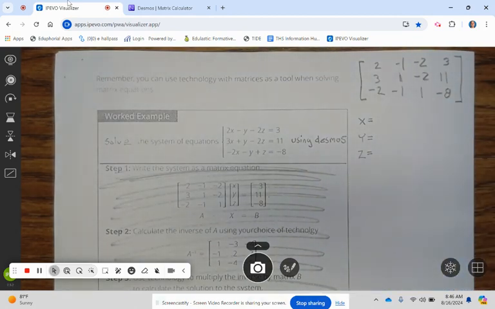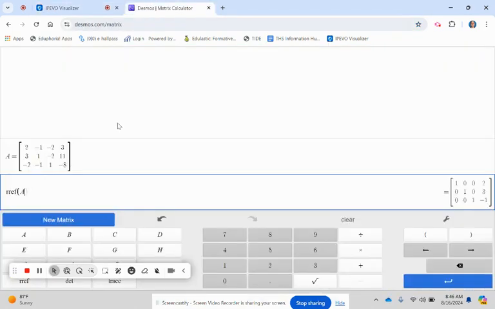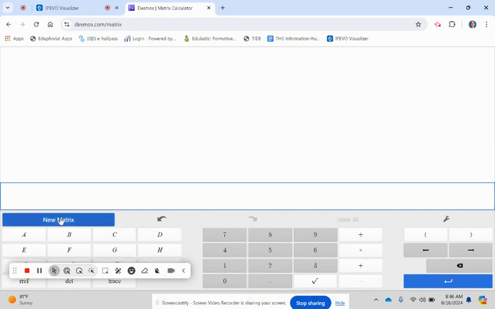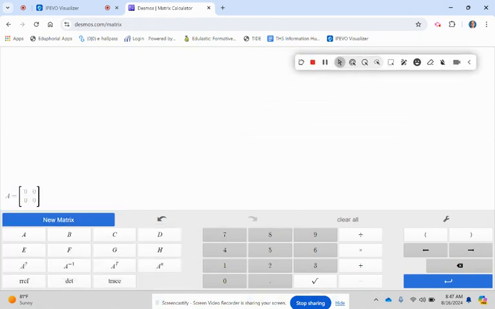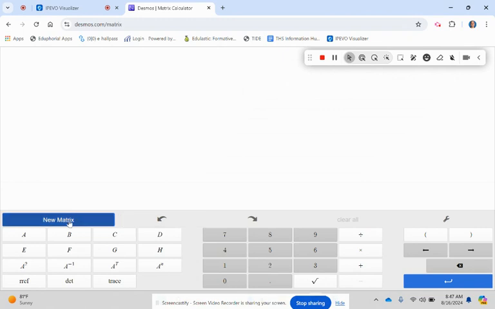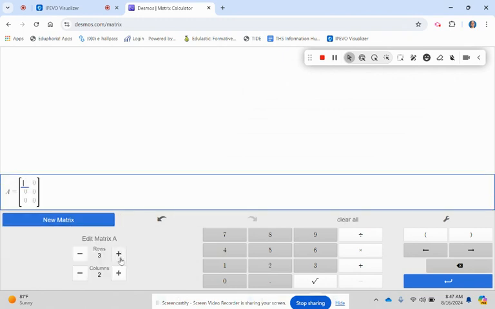All right, let's go ahead and use Desmos. I'm going to delete what I have here, new matrix. We're going to add a row and 2 columns, and then we have 2, -1, -2, 3, 3, 1, -2, 11, -2, -1, 1, -8.